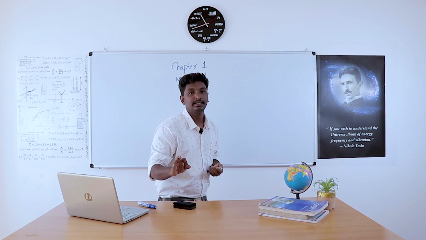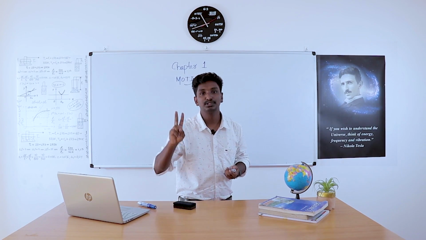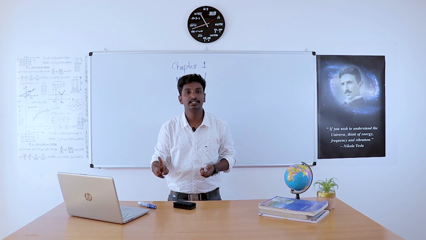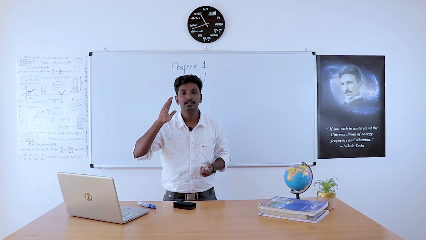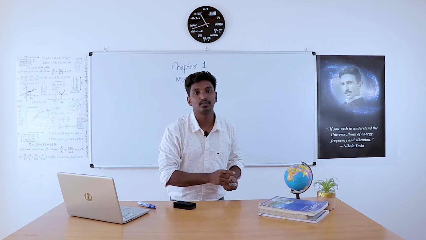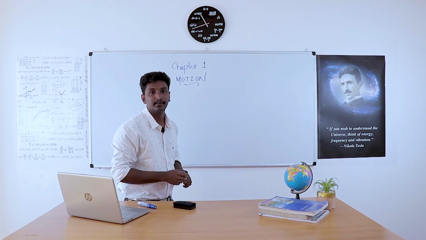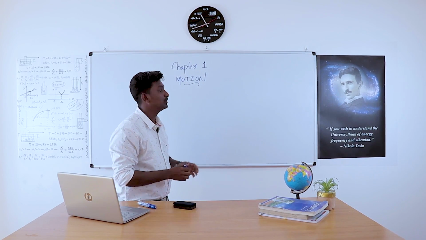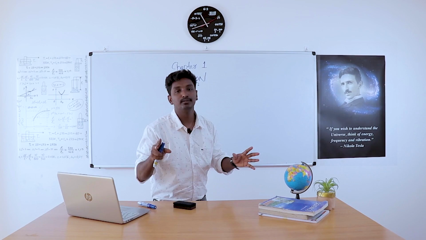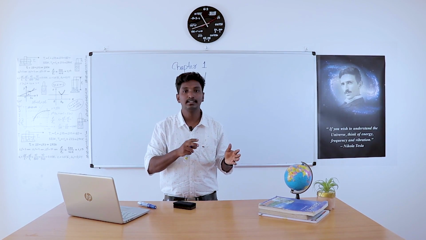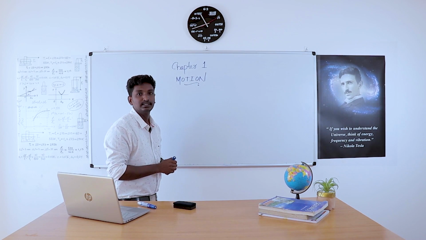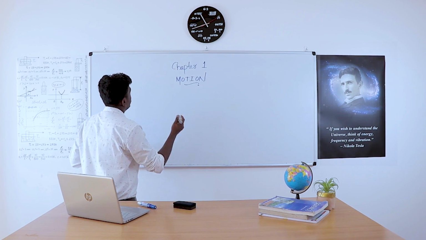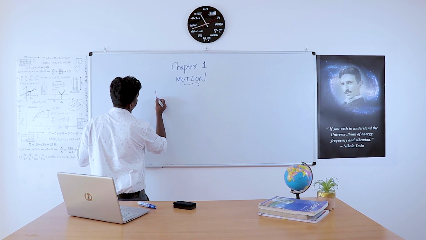Among these three, the first two, position time graph and velocity time graph, are very important, and you get a sure short question from that topic. Now just recollect what we have learned and move to the next topic, position time graph.